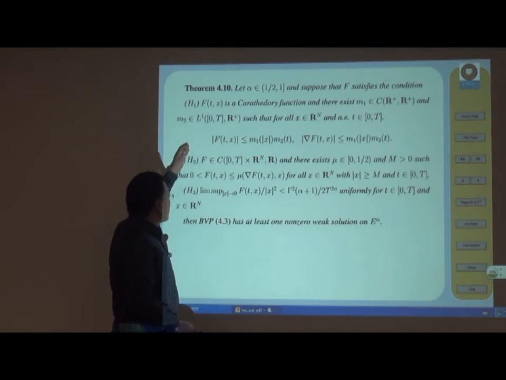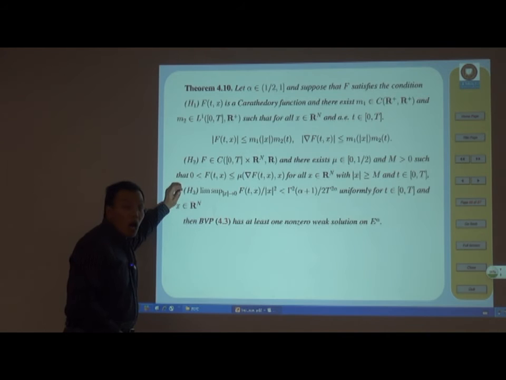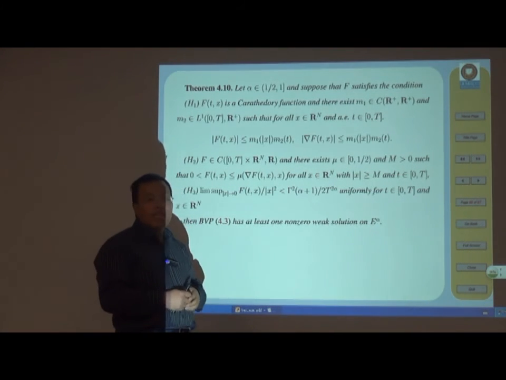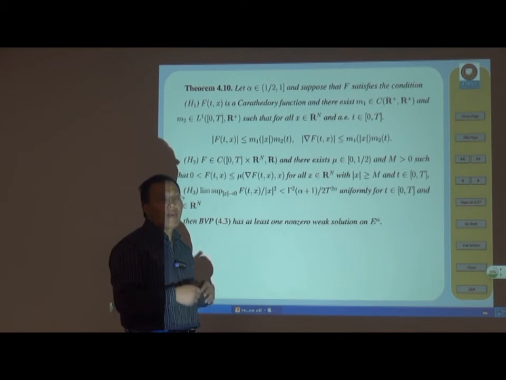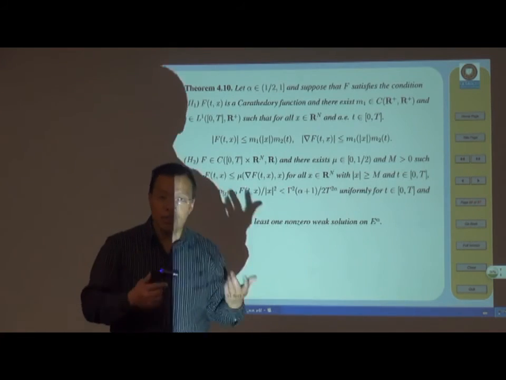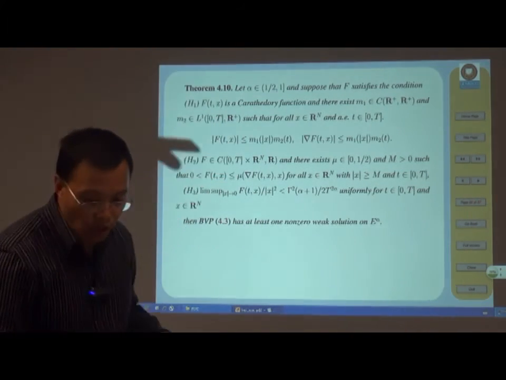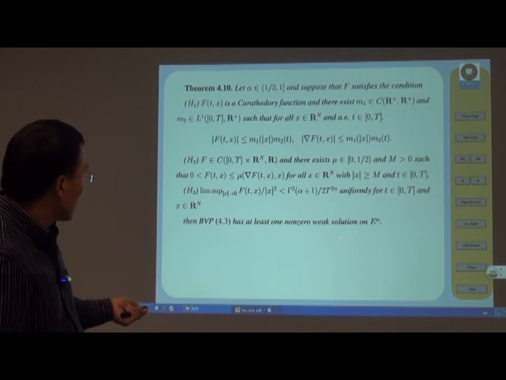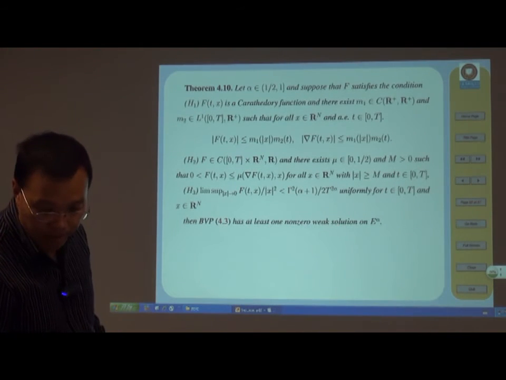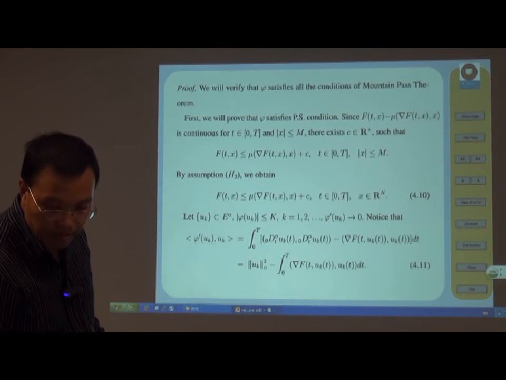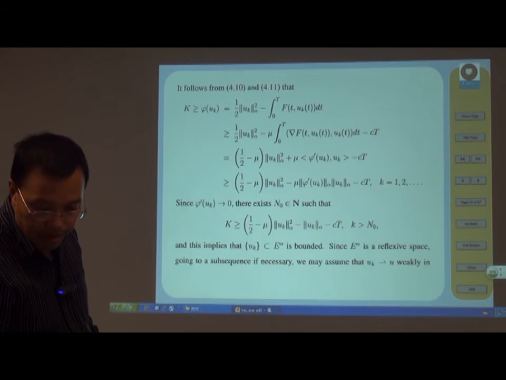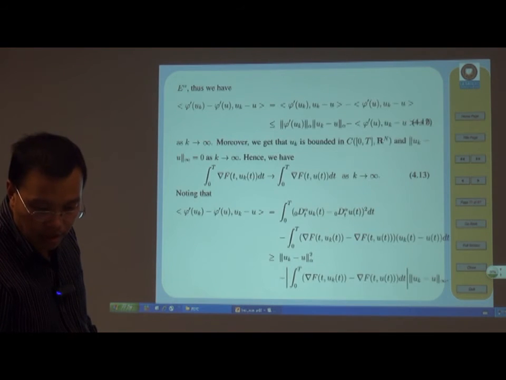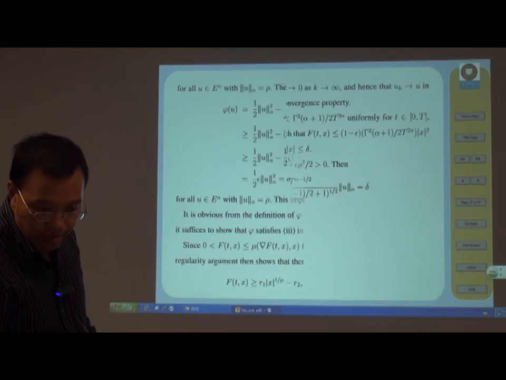In these conditions, we can find that the functional phi satisfies the mountain pass lemma, and phi has the mountain pass structure. And so the weak solution can be obtained. And this is the proof detail. We will omit it.